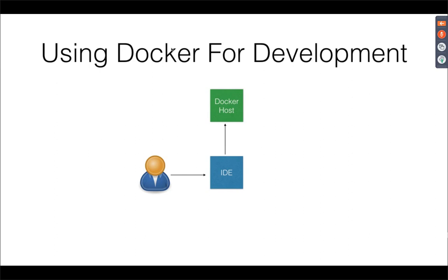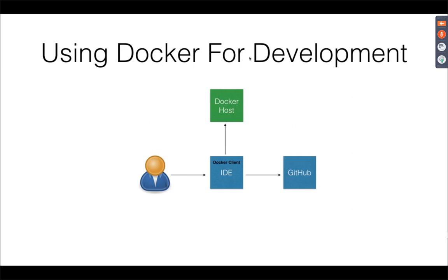Whatever development we do, we'll do through our IDE, but that IDE would deploy the application on a Docker host so that we can test locally. And once we test locally, we can push the code to GitHub. So let's see how it looks.